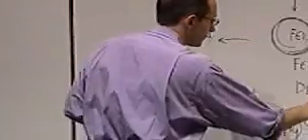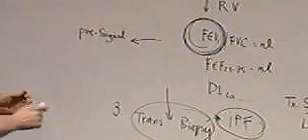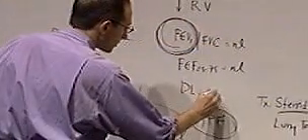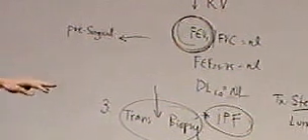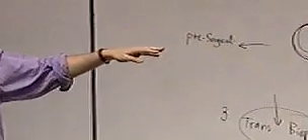The last thing I want to say here before we move on to case 9 is this. If I gave you a patient that has a restrictive pattern with a normal DLCO, this is the most common pattern that you see in pulmonary function testing.